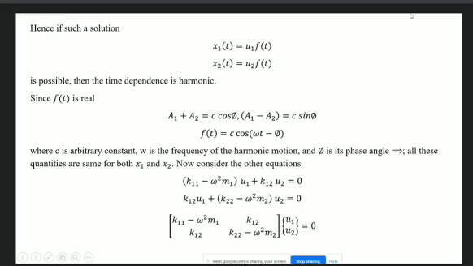But in the process, the x1(t) is to x2(t) ratio will remain same as u1 is to u2, and this we are calling as a modal vibration.